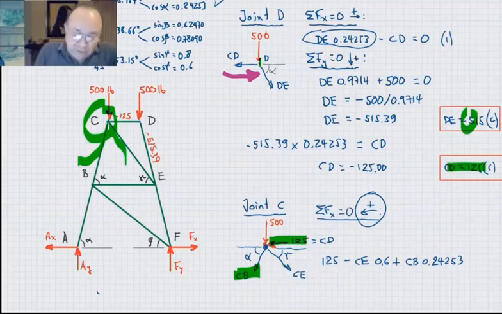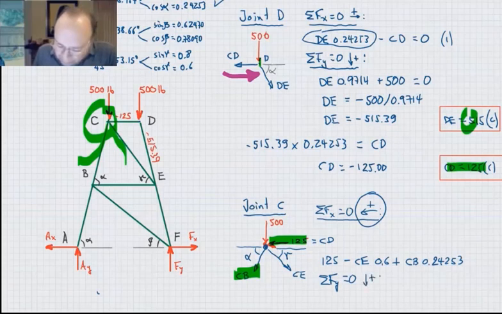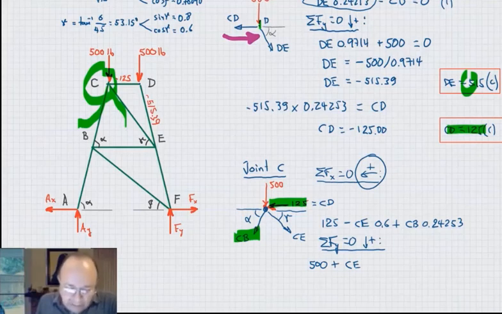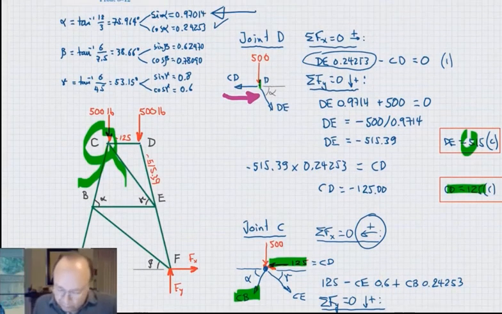I cannot solve this equation yet because it has two unknowns, so I proceed with summation of forces in the y direction equals 0. I see all the forces going down, so I'm going to put positive going down so I don't have to deal with many negative signs. So this one will be 500 positive because it's going down, plus CE sine gamma, which is 0.8, plus CB sine alpha, I have all of them right here, 0.97.